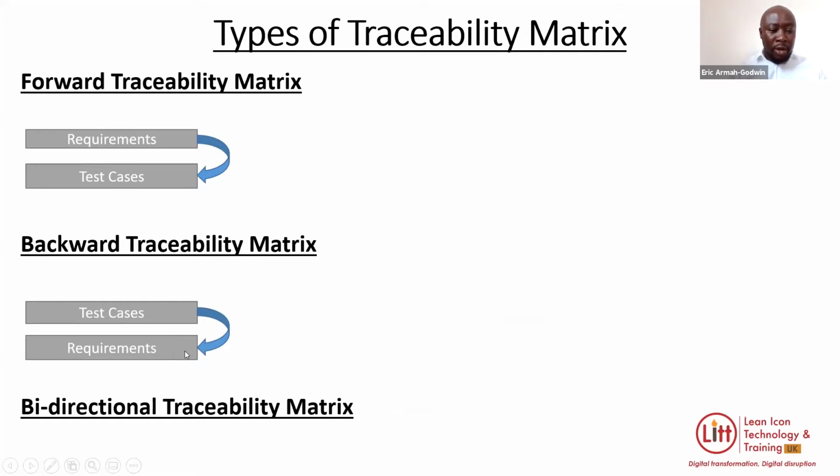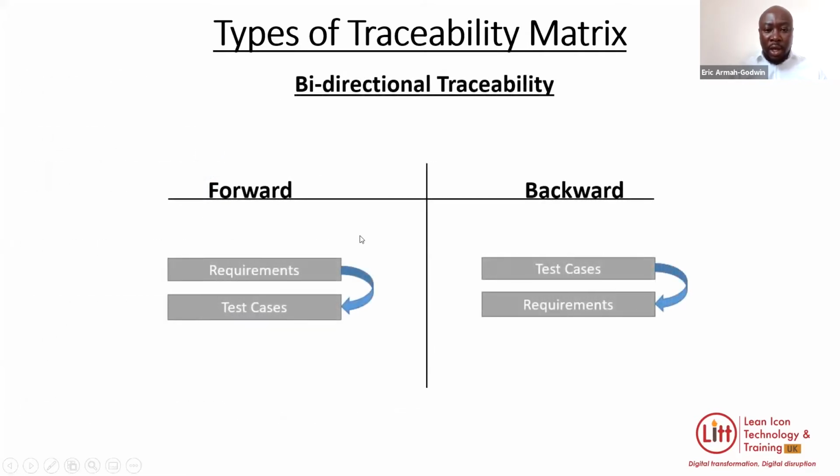And then bidirectional traceability does both ways, combining the forward and the backward traceability. As I said, I will show you an example towards the end which will help you do this mapping. I just had to bring this in so that certain things will make sense.